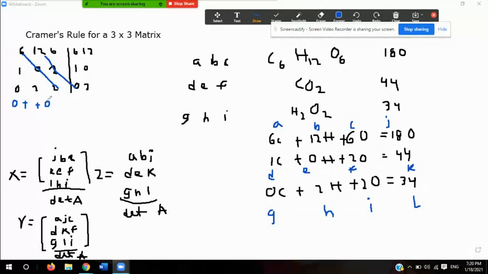And then 6 times 1 times 2, which is 12. So obviously, this is going to be 12 when I add everything up.